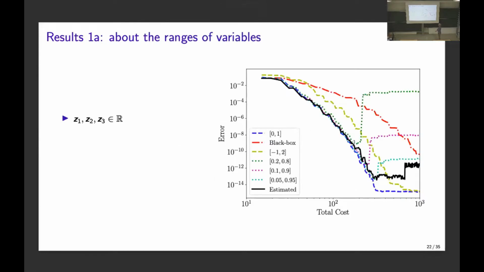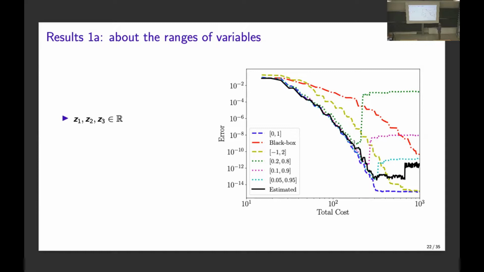Now, first results. In this procedure, I want to convince you that estimating properly the range of variables is important, that if you screw up the support, it doesn't work. This is the convergence we're looking at.